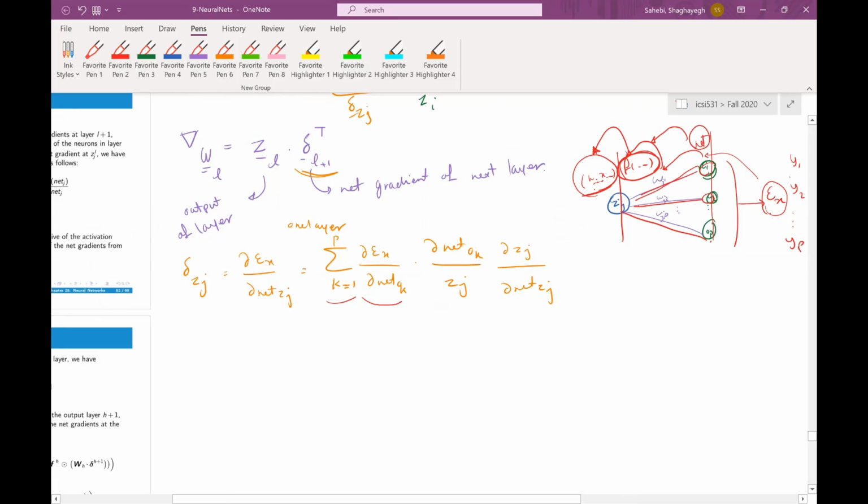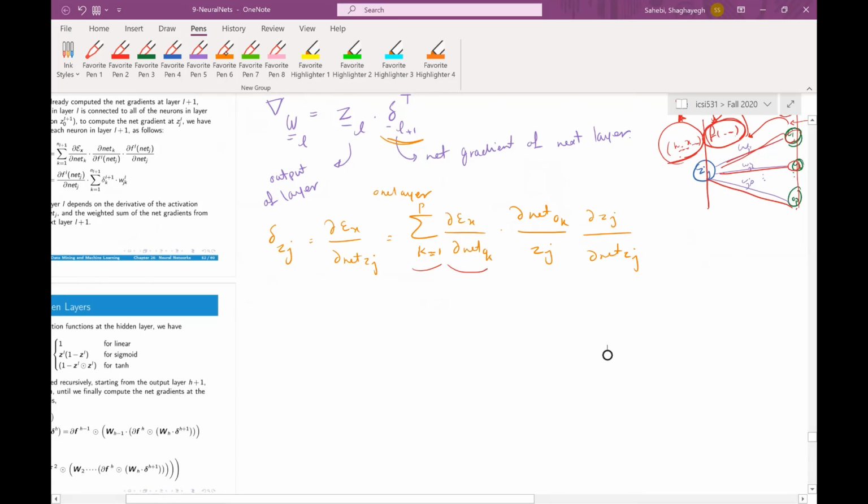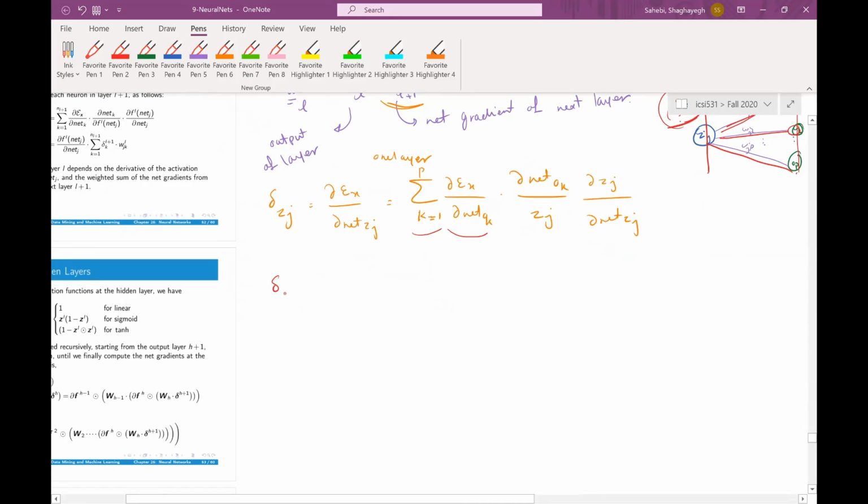Okay, so basically, having that, we said if we rewrite this in a vector form, we have the net gradient for a specific hidden layer, which is basically net gradient of z1, net gradient z2, etc., until net gradient of zm, the mth neuron in that layer.